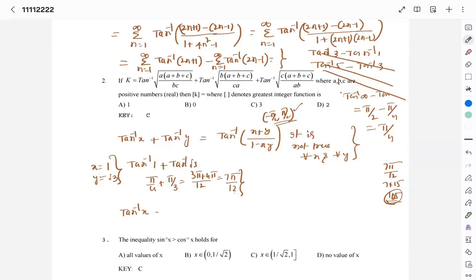So tan inverse x plus tan inverse y equals tan inverse of x plus y by 1 minus xy is true only for x less than 1 and y less than 1.